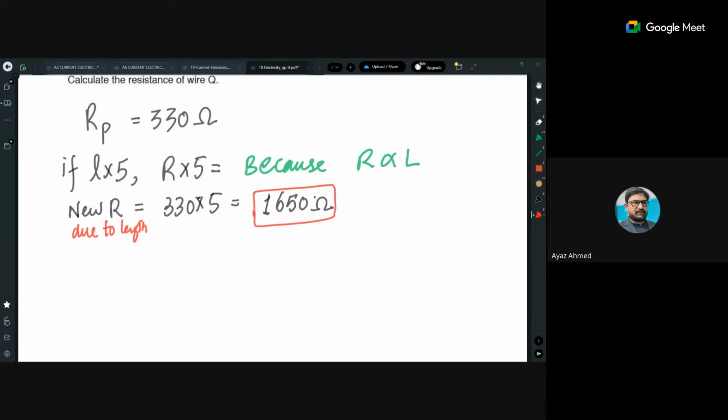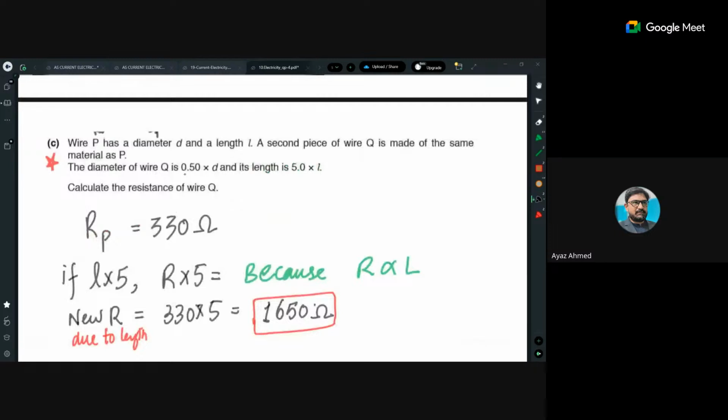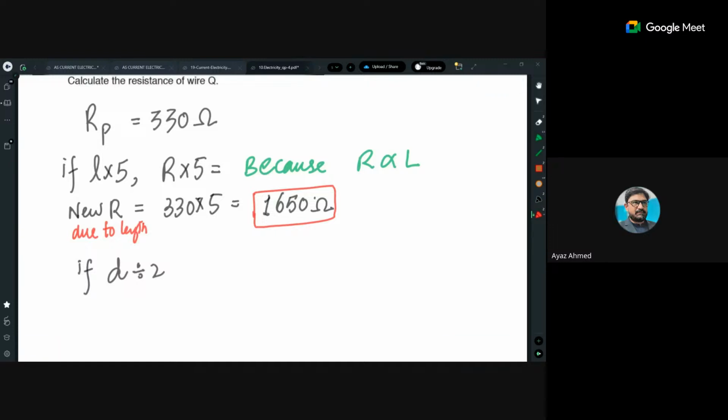Now I will talk about the diameter. In case of diameter, it is said that diameter is divided by 2. 0.5 means divided by 2. Is it clear to all? So if diameter is divided by 2, you can simply say that resistance is multiplied by 4. Here you will write the logic, because resistance is inversely proportional to square of diameter.